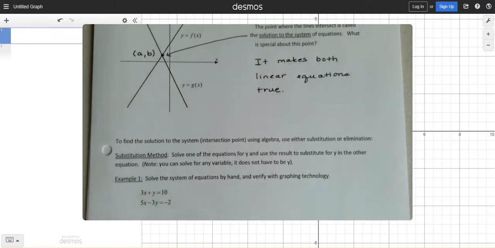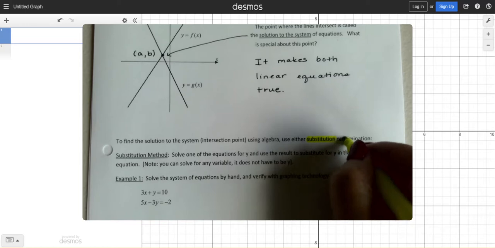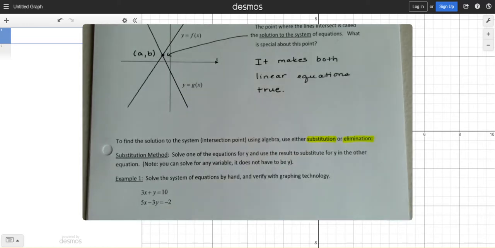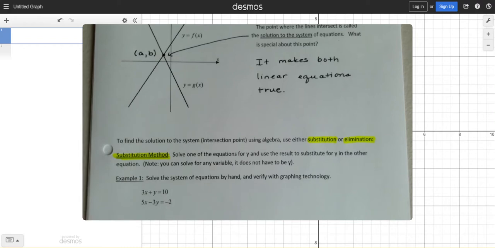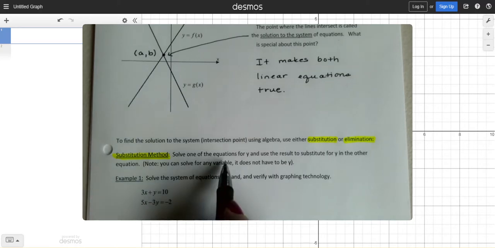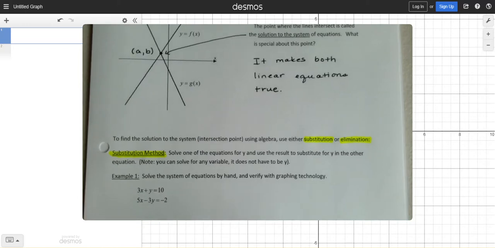There are two methods that you've probably seen before: substitution and elimination. I'm going to start with our substitution method. In the substitution method, the basic strategy is we're going to solve one of our equations for y and then use the result to substitute for y in the other equation.